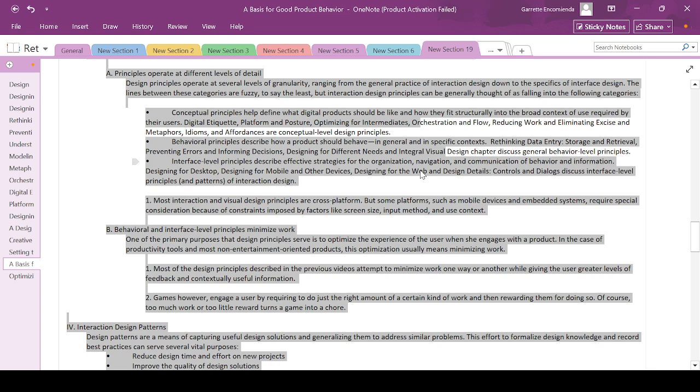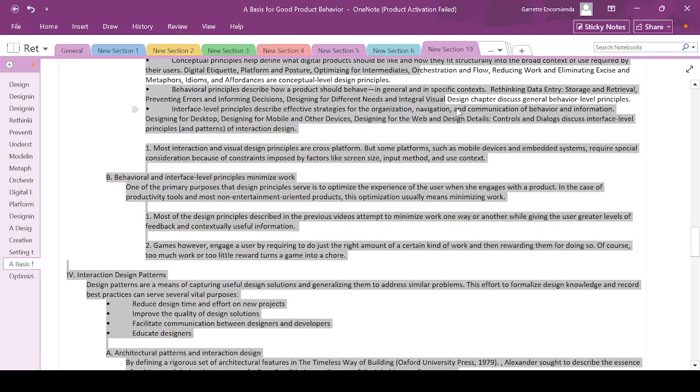Again, it will help their behavior and remove concepts as well, helping them better learn by providing rich visual modeless feedback, preventing errors and informing decisions, designing for different needs, providing accessibility, and accelerators for different people. The integral visual design chapter discusses general behavior and visual level principles.